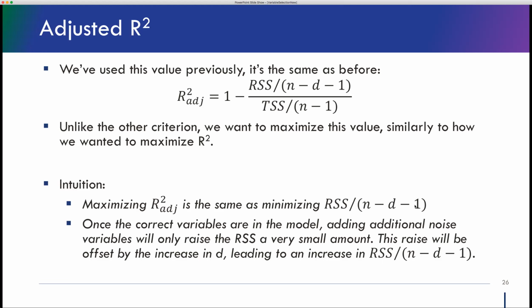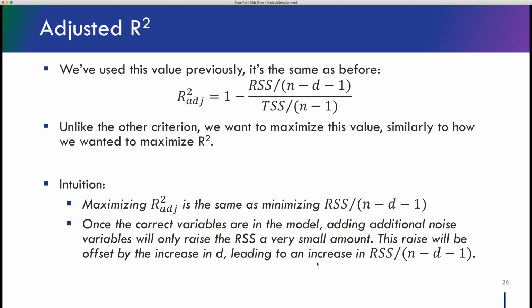minus d minus 1. And once the correct variables are in the model, if we add an additional noise variable, like those nonsense variables, it will only raise the residual sum of squares a very small amount. So this raise will be offset by the increase in d.